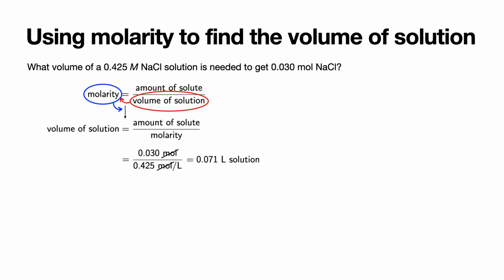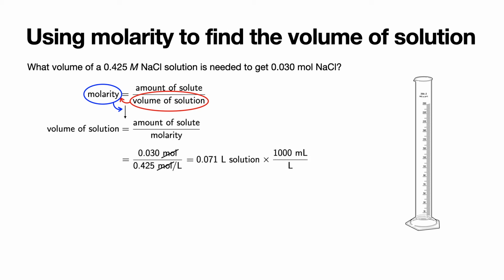Now, if we were going to be measuring the solution using a typical graduated cylinder, graduated cylinders are usually calibrated in milliliters rather than liters. So if we wanted to convert this volume into the number of milliliters that we want, we would simply take this volume in liters and multiply by 1,000 milliliters in a liter, and that would give us 71 milliliters of solution is the volume that we would want to measure out.